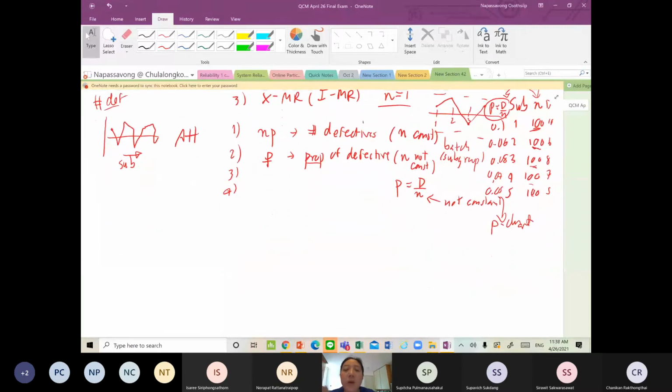So P charts can be used in any case, when we have n constant or when n is not constant, we can still use P charts. But NP is used only when we have n constant.